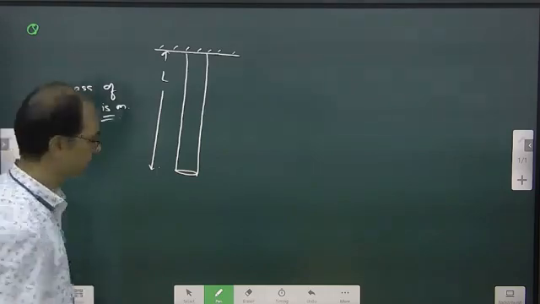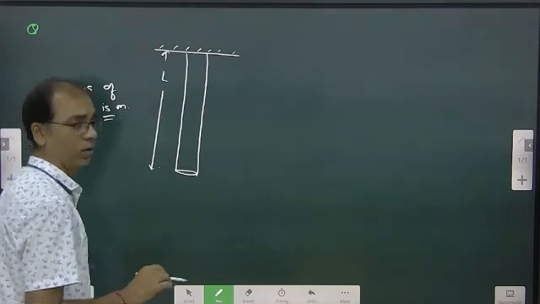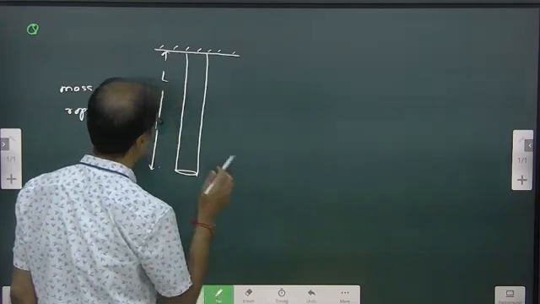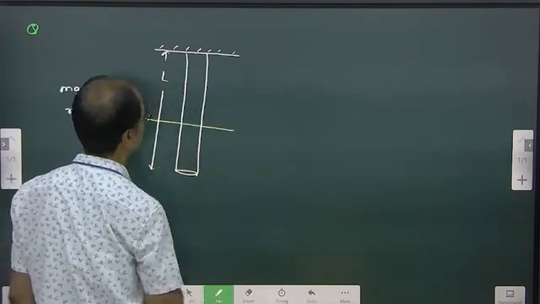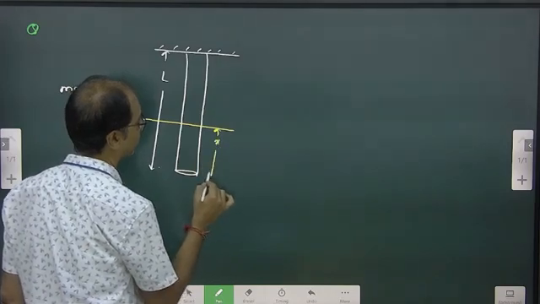And the question asks us, find velocity of the wave or speed of the wave at any particular position, maybe here, at this point, which is at x distance above from the bottom.